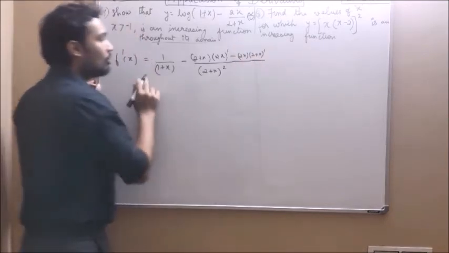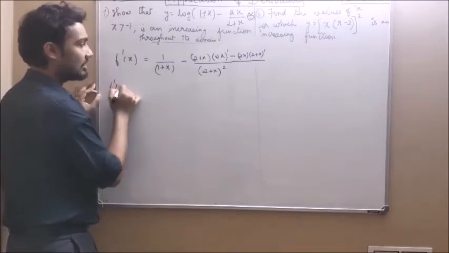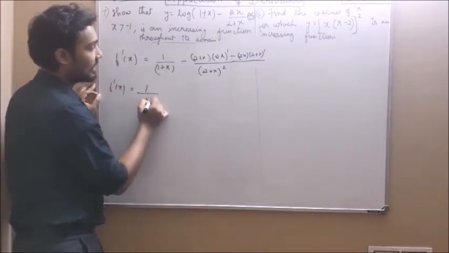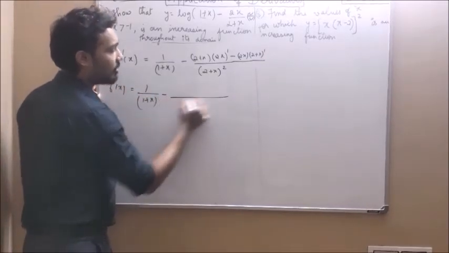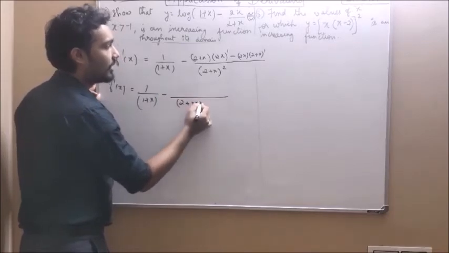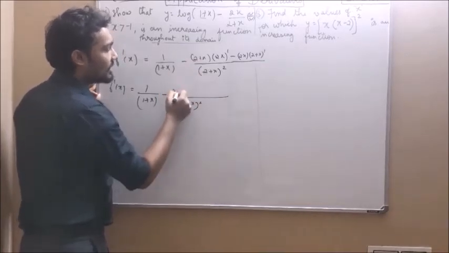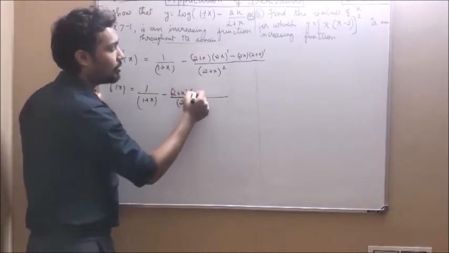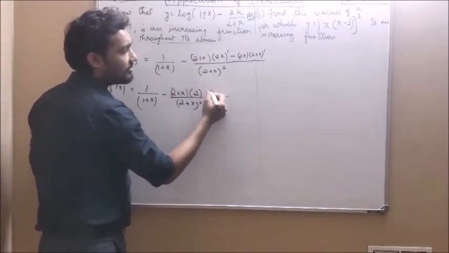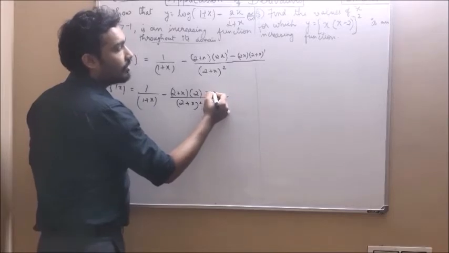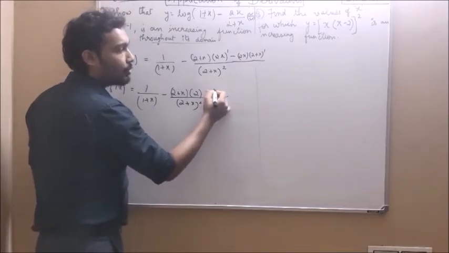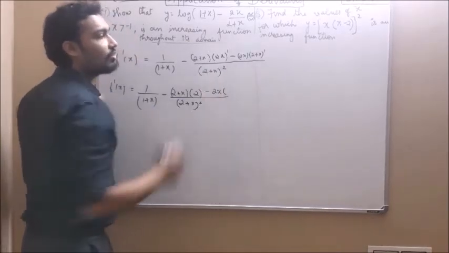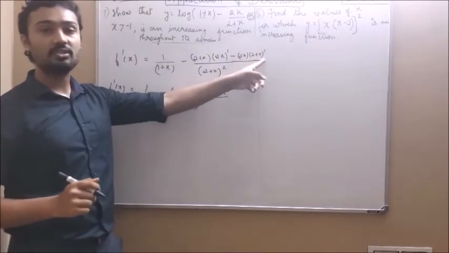This will give me f dash of x equal to 1 by 1 plus x minus, in the denominator (2 plus x) the whole square, into (2 plus x) into differentiation of 2x, which is 2, minus 2x into differentiation of 2 plus x. 2 is constant, differentiation of x is 1.